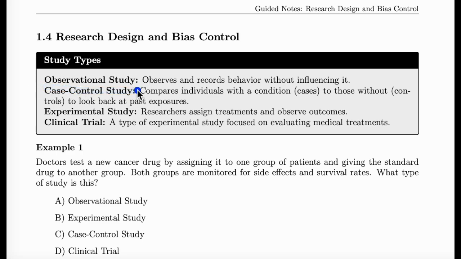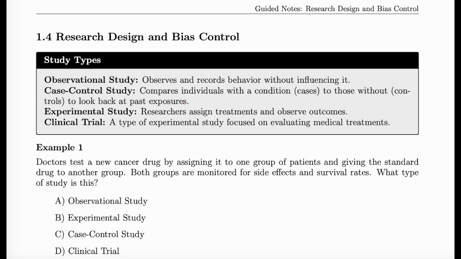We're literally just observing. Okay, the next one is case control study. This compares individuals with a condition that's broken up into cases to those without controls to look back at past exposures.